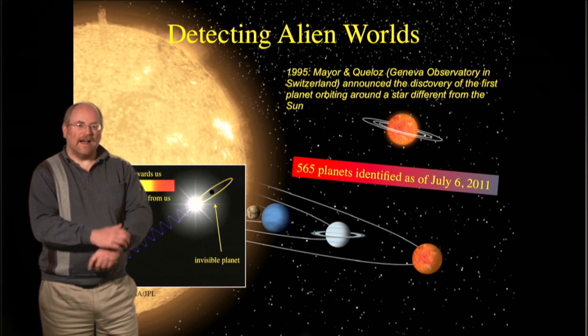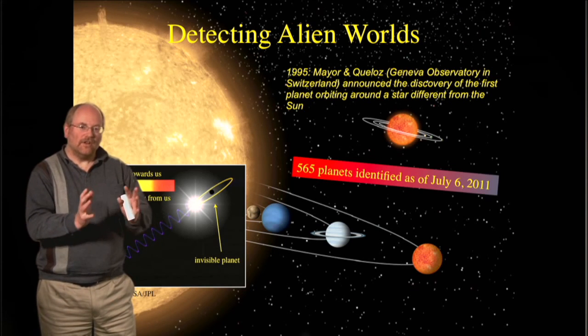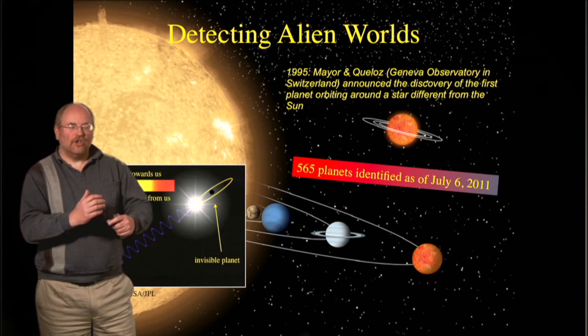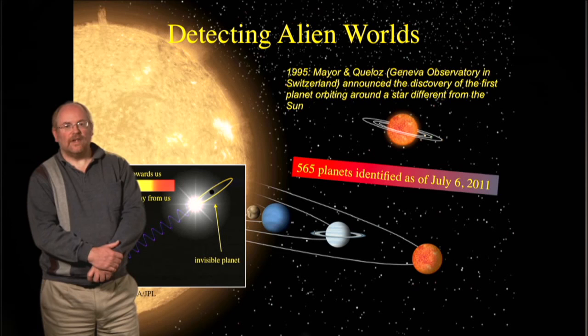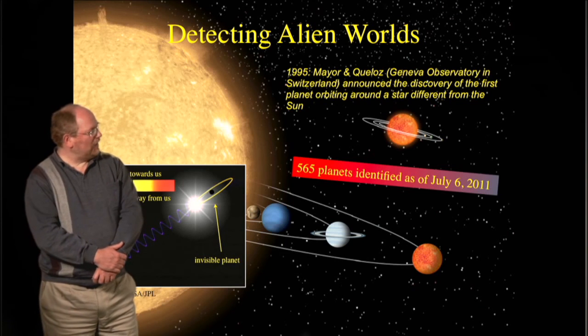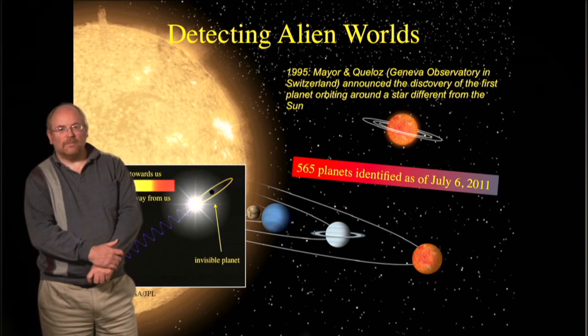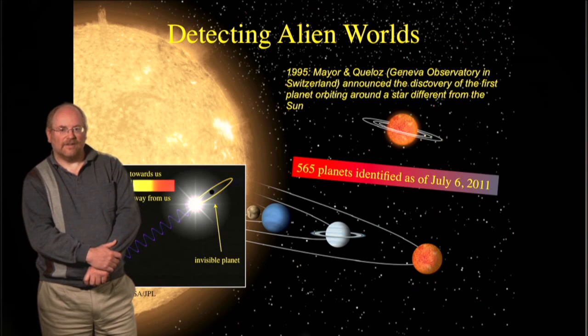Using spectrographs, that led to a new research area for astrophysics to search for these exoplanets. And in the meantime, over 500 planets have been identified as of July 2011 this year.